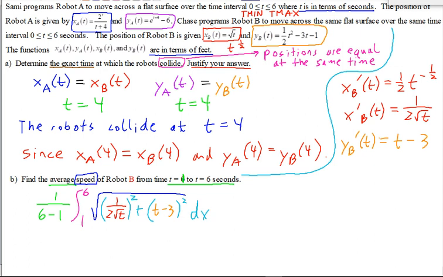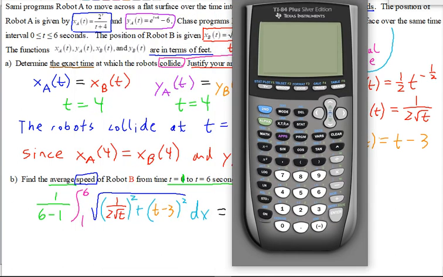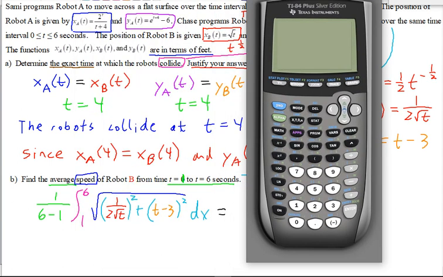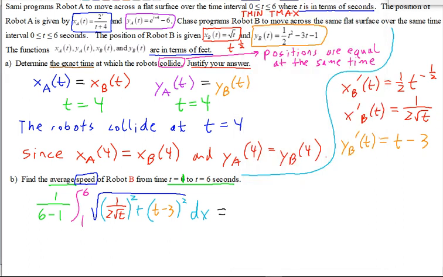Okay, so let's see how we calculate this on both calculators here. So with the 84, just go to second quit, and you can have it in either mode here. Whoops, I should have put a dt here. Probably easier to type it in if we have it in parametric mode, since we can just leave everything with t.